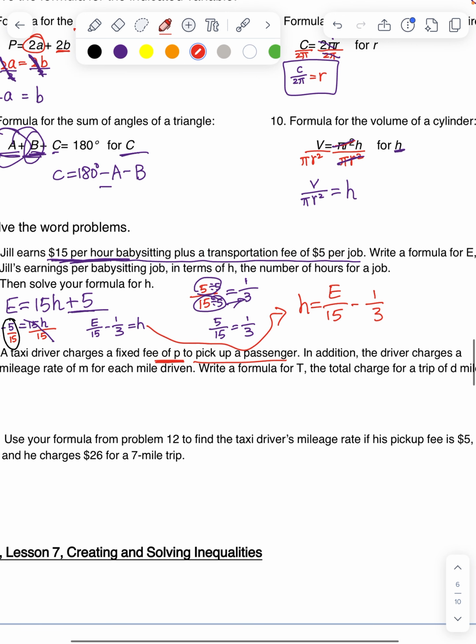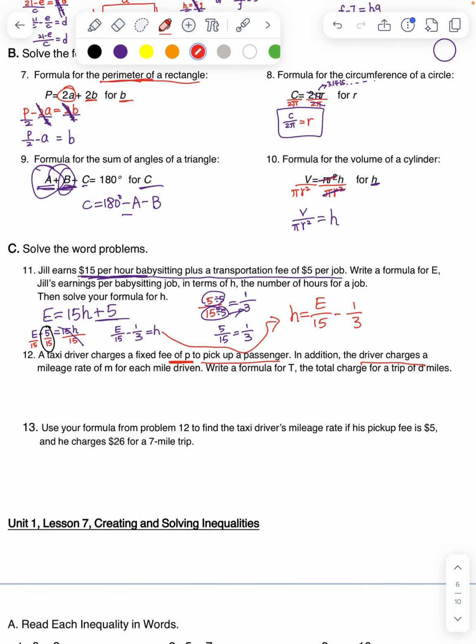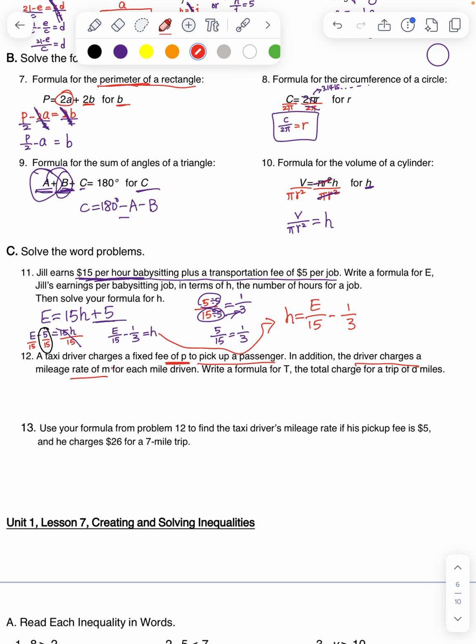Number 12, a taxi driver charges a fixed fee of P to pick up a passenger. And then, in addition, the driver charges the mileage rate M for each mile driven. Write a formula for T, the total charge for a trip of D miles.